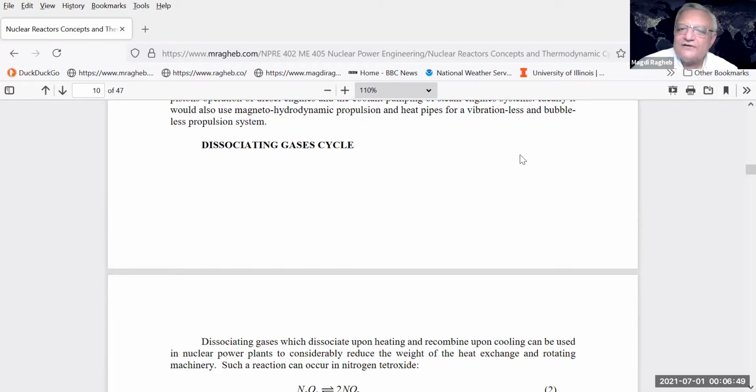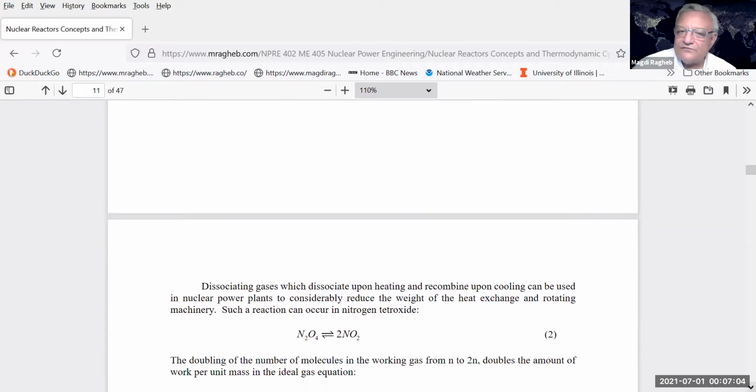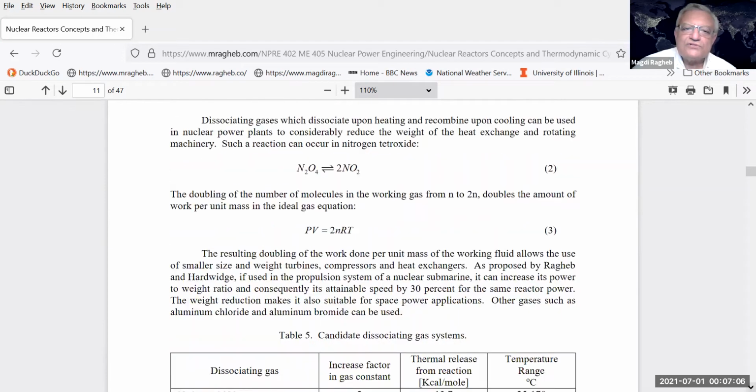Another possible cycle that can be envisioned, especially for space power applications, is what's called the dissociating gases cycle. Again, that is ideal for killer submarines, because in that case you can reduce the weight and the volume of the turbomachinery. So what is a dissociating gas?